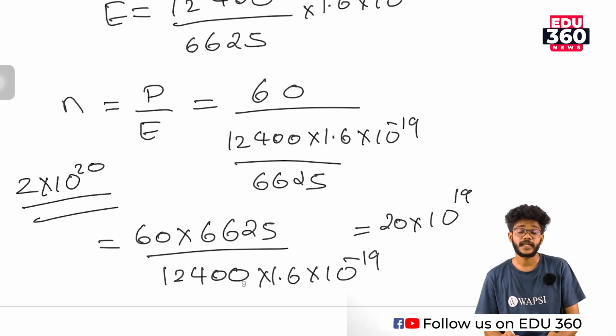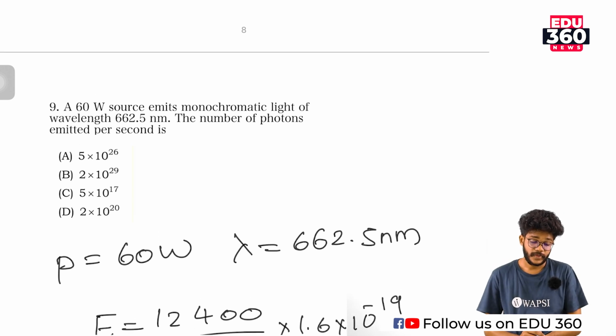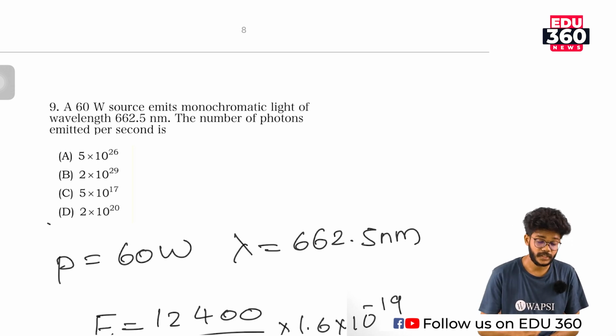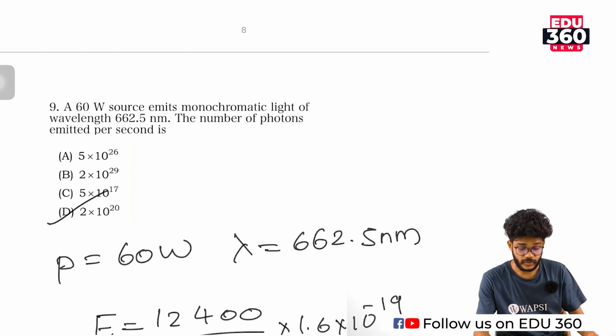So we have the answer, option D. Option D is 2 into 10 raised to 20, so option D is the correct answer. So we can move to the next question.